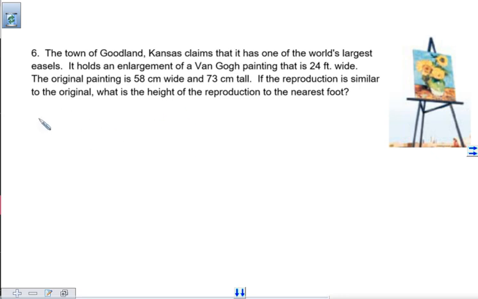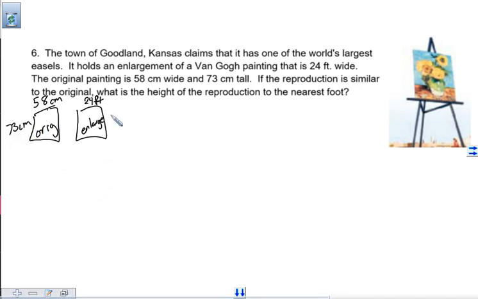Okay, so if you need to draw your figure, you've got your original, and you have your enlargement, and then our enlargement is 24 feet wide. Our original is 58 centimeters wide and 73 centimeters tall.